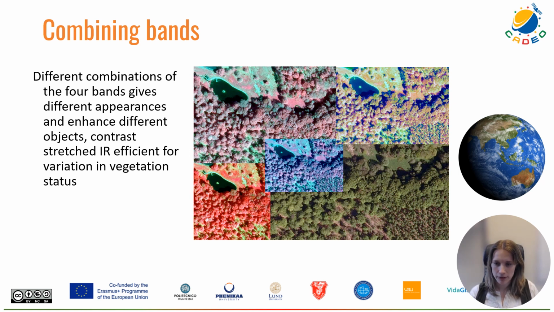And this one lower right here is the natural color using the blue, green, and red wavelengths, whereas the one opposite here is the false color composite, where you have switched out red for infrared band, and you can actually see which areas have a higher infrared reflectance, which is not really possible to see in the natural color image.